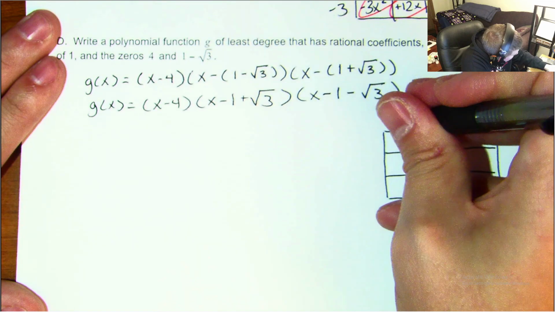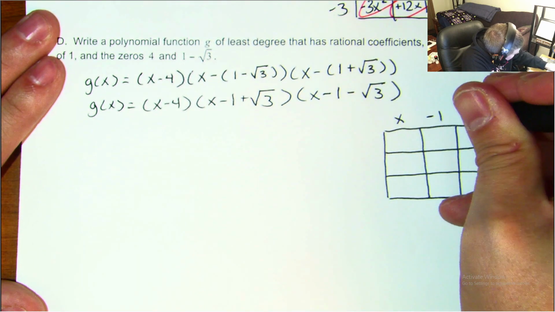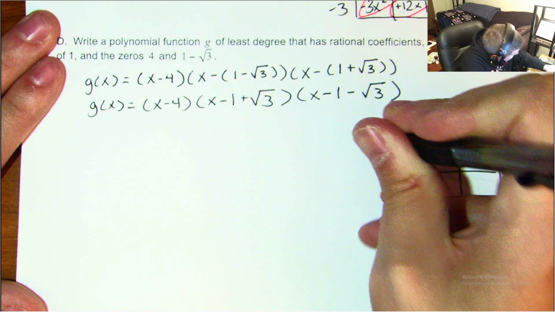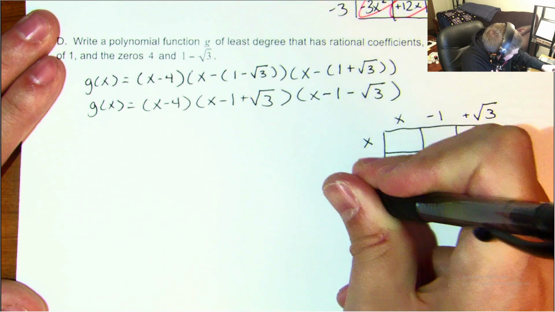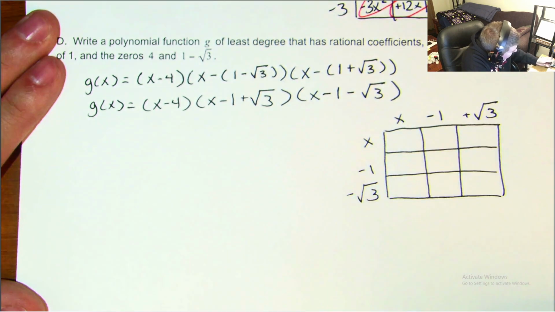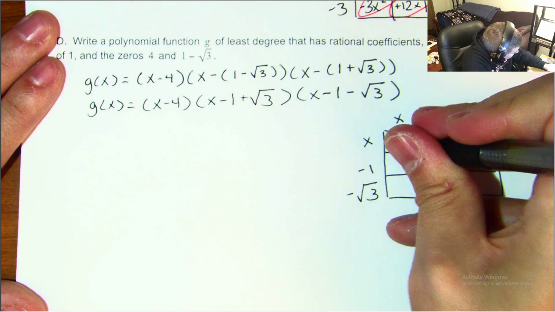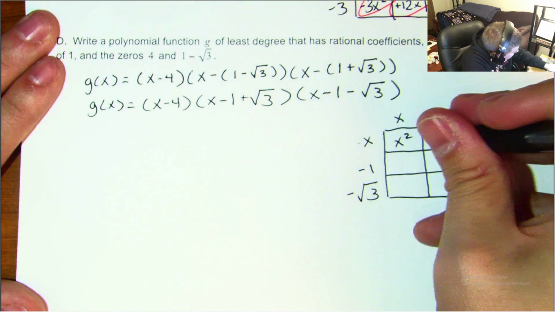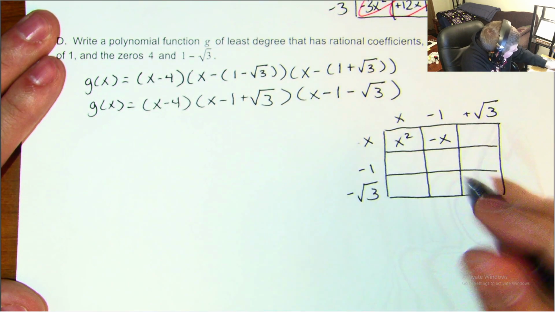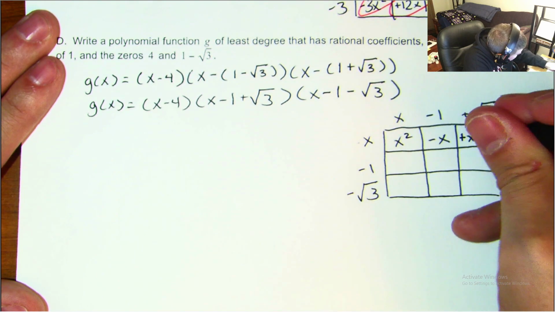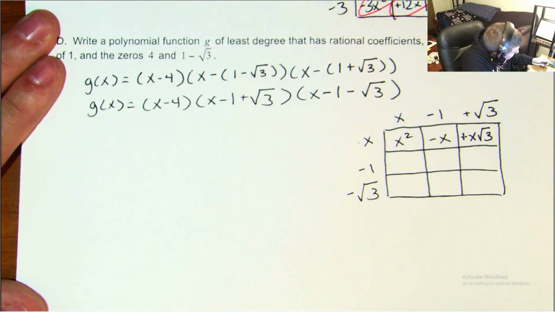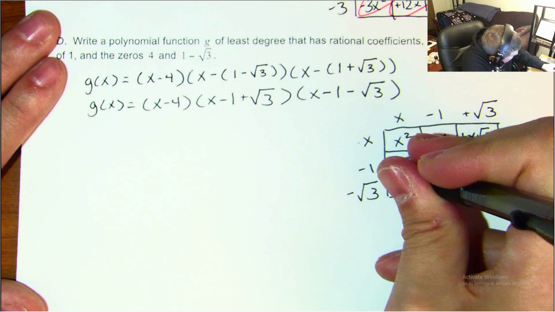Okay, we're going to go x minus 1 plus the square root of 3, x minus 1 minus the square root of 3. x times x is x squared. x times negative 1, negative x. x times positive square root of 3 is x times positive square root of 3. Negative 1 times x is negative x.